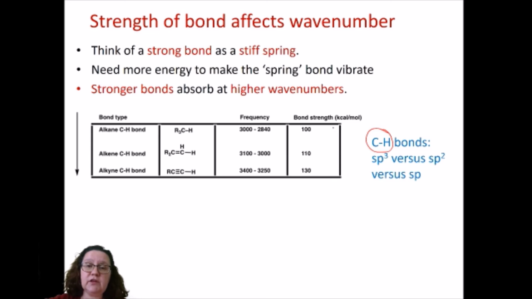And as you can see, the bond strength increases when you move from an sp3 carbon to an sp2 carbon to an sp carbon, and the frequency, the wave number to which the carbon-hydrogen bond absorbs, also increases slightly.